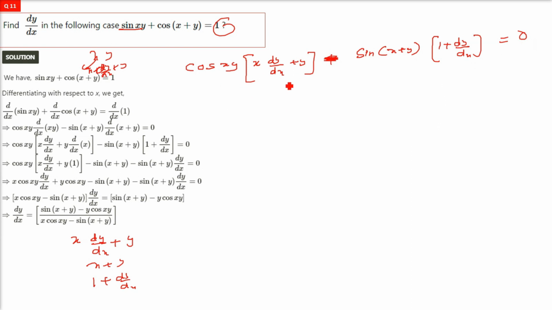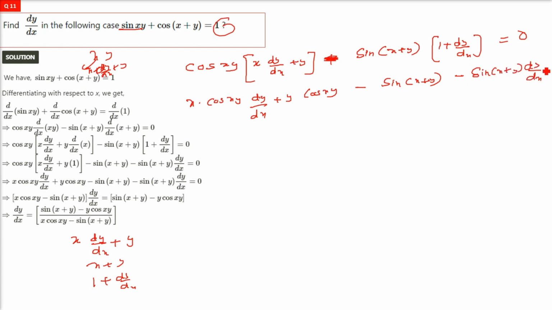Okay. Now multiply. Just multiply and take this dy by dx on one side. So I'm just multiplying. This is just simple algebra, okay? x cos xy dy by dx plus y cos xy minus sin x plus y minus sin x plus y into dy by dx.